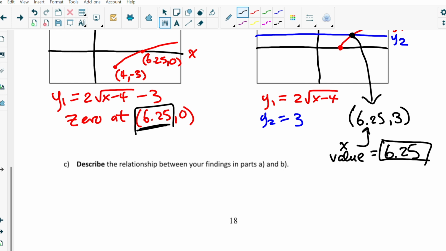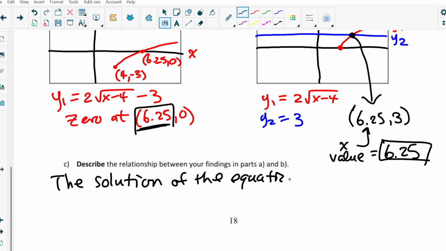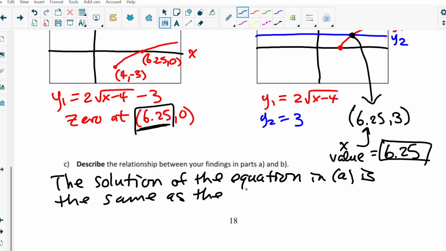Describe the relationship between your findings in part A and B. The solution, so algebraically and graphically, the solution of the equation in A is the same as the x-intercept in B, method 1.